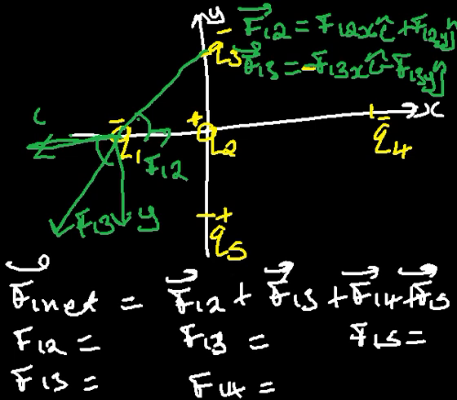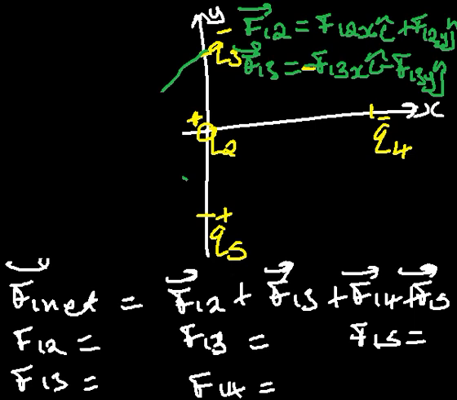And also do the same with F15. The principle remains the same. So for F15, the point of interest is charge 1, which is negative. Now F15 is between charge 1 and charge 5.